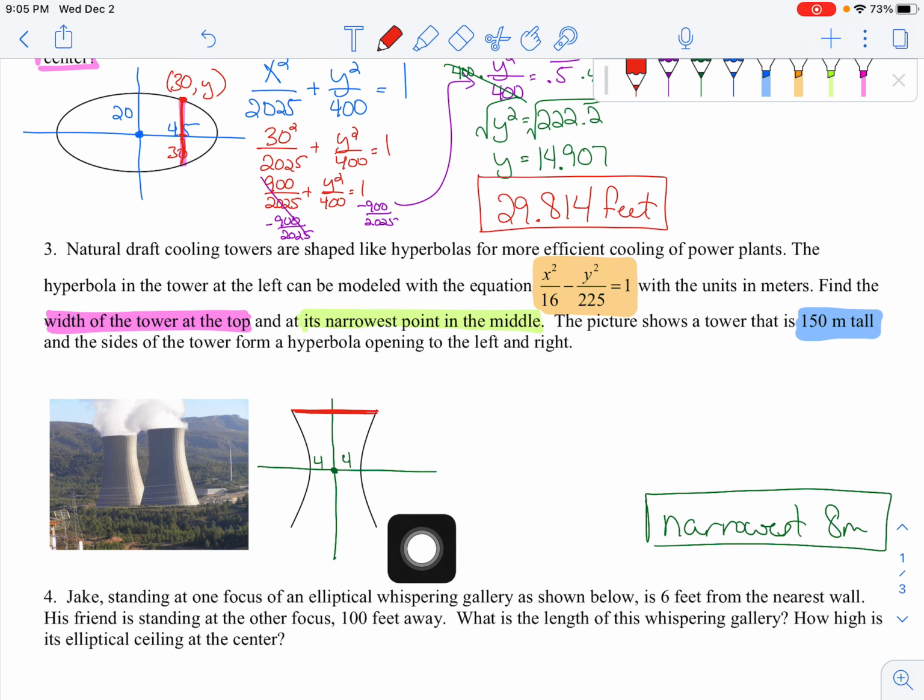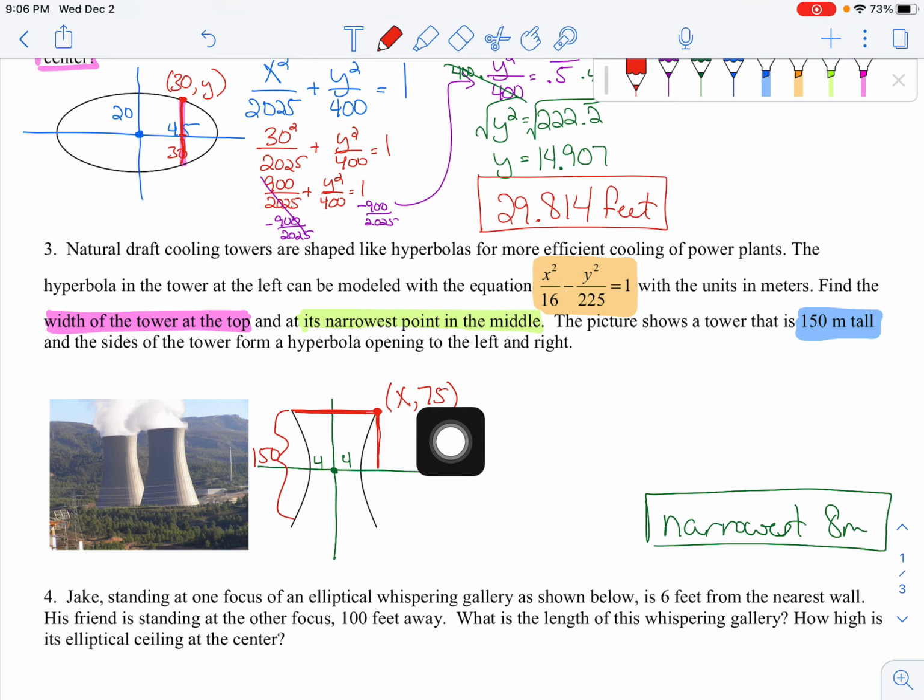Hyperbolas have symmetry here, so if this whole thing is 150 meters tall, I'm going to chop that 150 in half, okay? So this whole thing is 150, but that means that this height right here, from here to here, just the x-axis to that point, would be 75 meters tall. What I don't know is how far on the x-axis I had to go to get to that point. So that point's going to be x, 75.